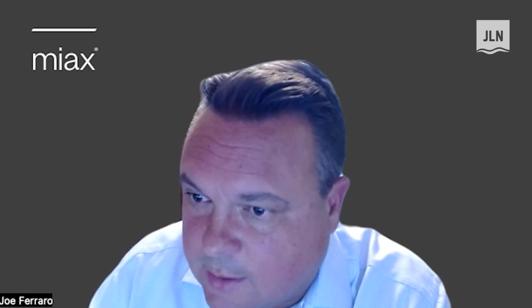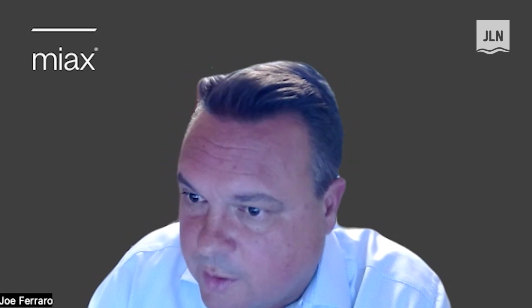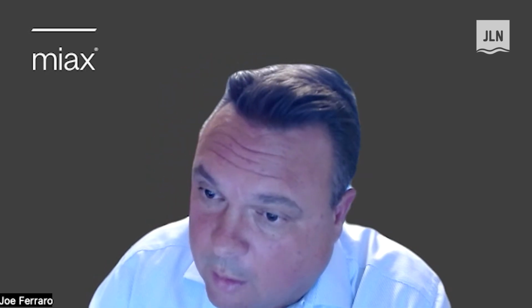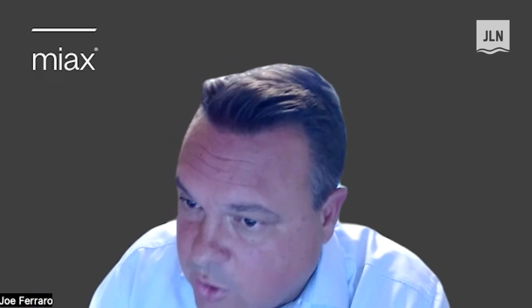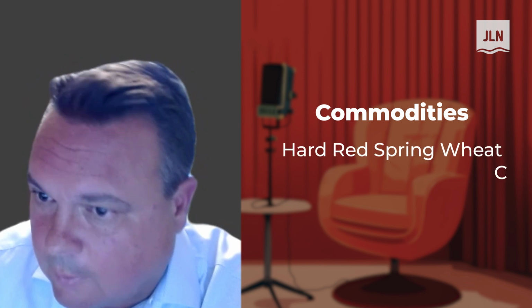Now, there are various flavors of futures contracts, including what the futures contract could be on. So what's the underlying asset of the futures contract? Traditionally, they were agricultural, they were commodities, right? They were hard red spring wheat, corn, soybeans.